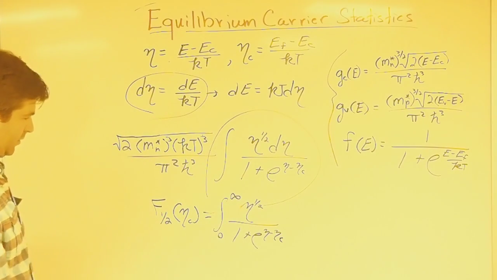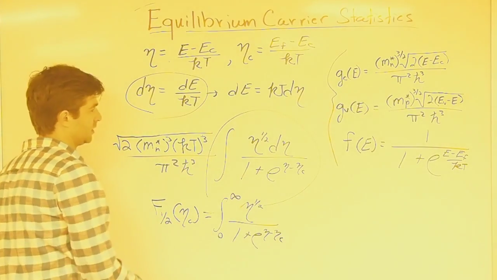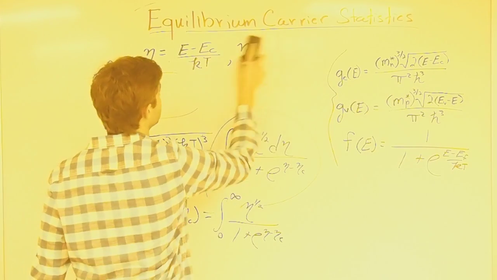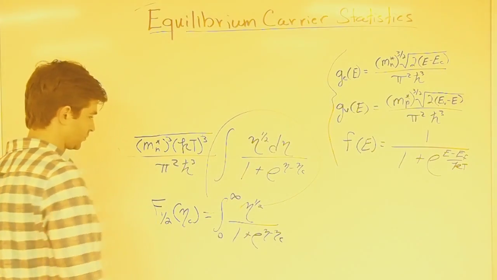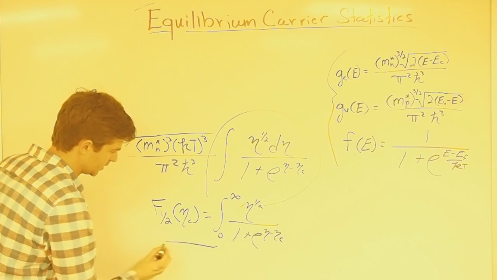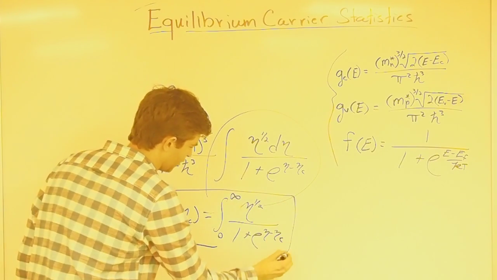We're going to leave it like that, and then go back up here. And this right here is known as the Fermi-Dirac integral.